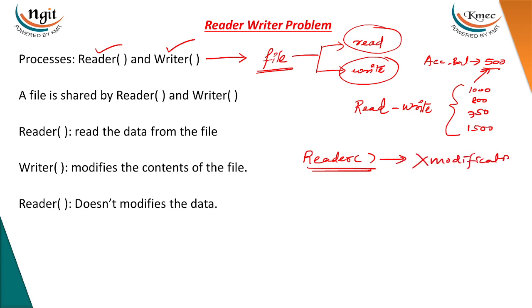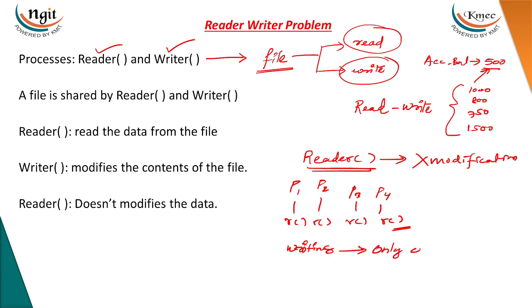That means multiple processes, P1, P2, P3, P4, that want to read the data can perform the read operation. Multiple processes can read the data, but when writing is performed, only one process can modify the data.